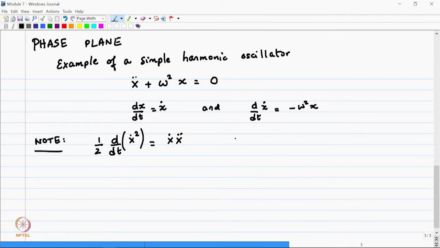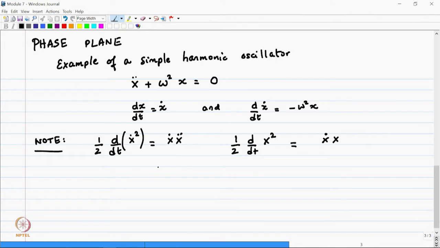And we also notice that half d by dt of x square is equal to x dot times x. So you notice that the only difference is, here you had x dot times x double dot, here you have x dot times x, but you know that x double dot and x are related through this differential equation.